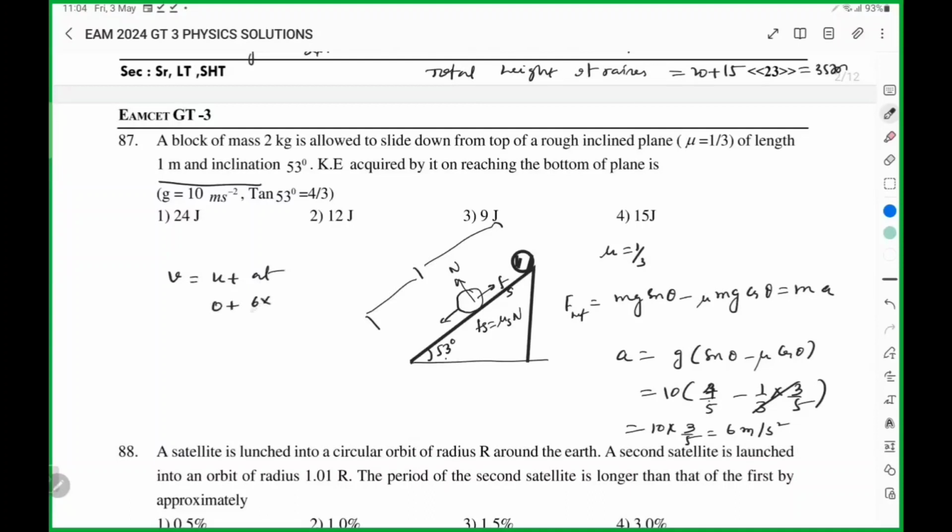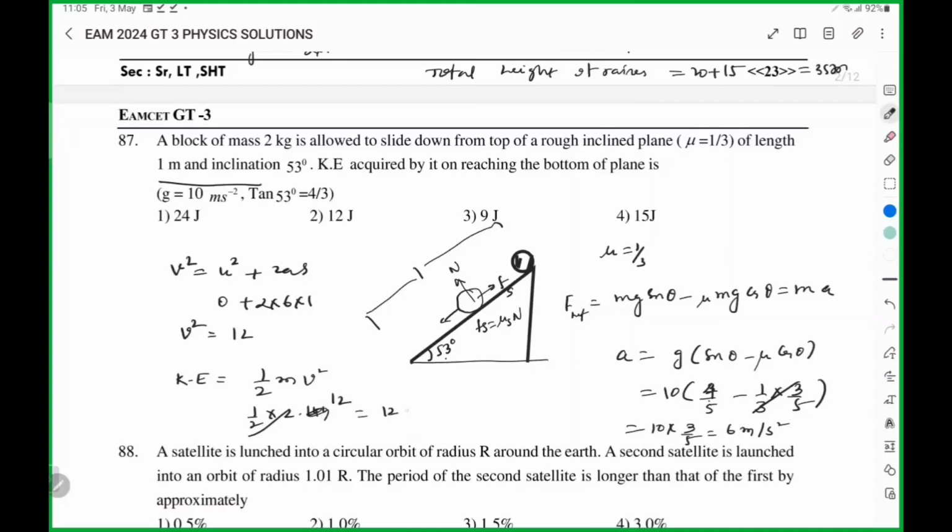We can go with v square equal to u square plus 2as. Acceleration is 6 and s is 1 meter. The kinetic energy it attains is half mv square. Mass is 2 kg and v square is 12, so it is 12 joules.